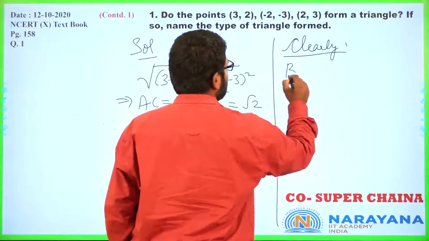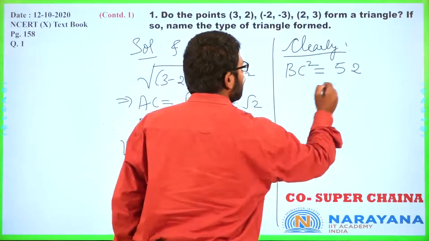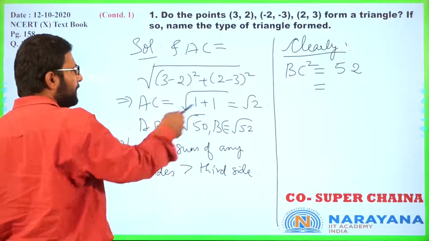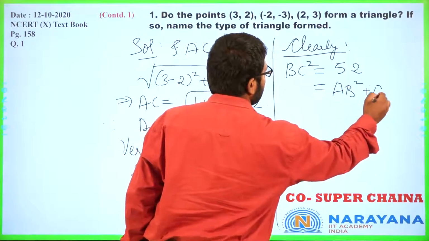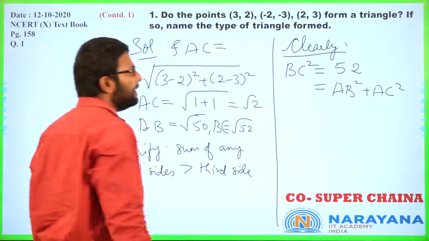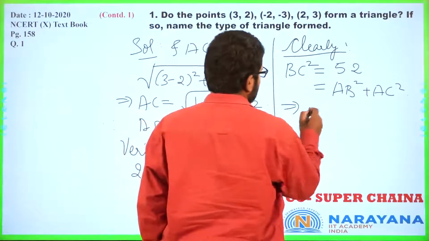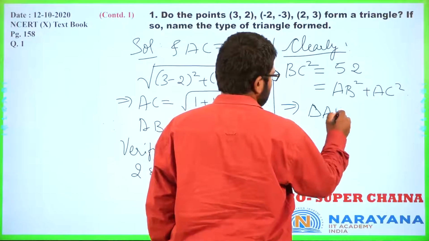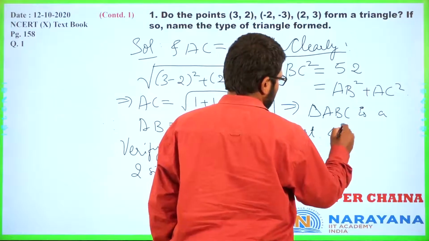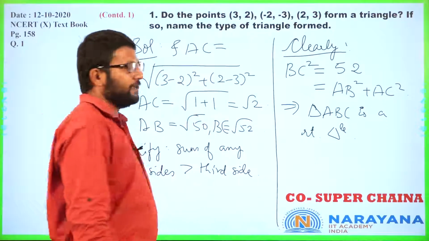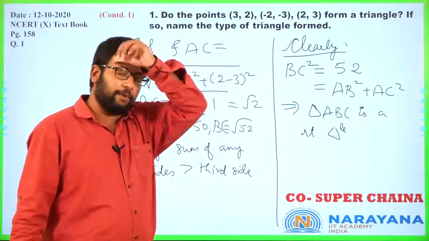BC square, which is 52, is also AB square plus AC square, which means triangle ABC is a right angle triangle. Correct? Triangle ABC is a right angle triangle, which is what they were asking.